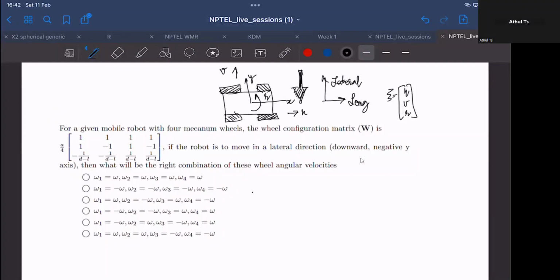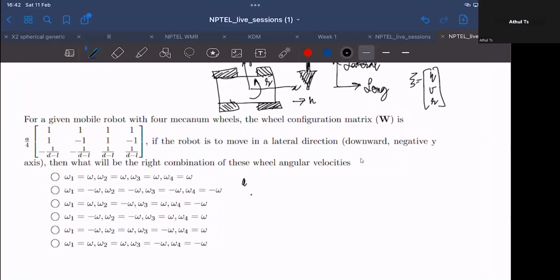Just like in the previous problems, I would simply take each of these cases. A by 4 times 1, 1, 1, 1, 1, minus 1, 1, minus 1, minus 1 by d minus L, minus 1 by d minus L, 1 by d minus L, 1 by d minus L.